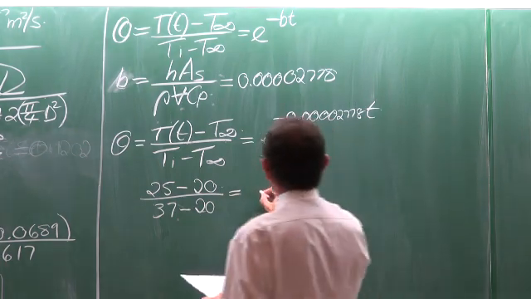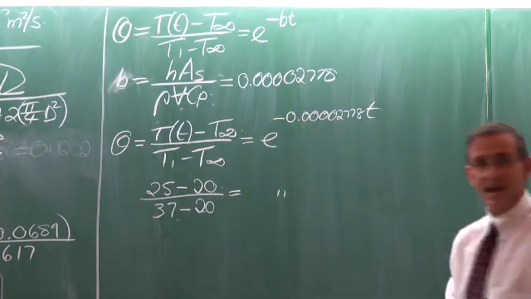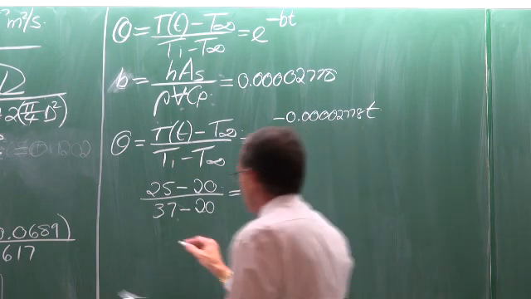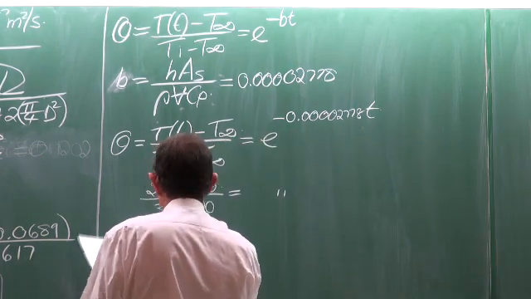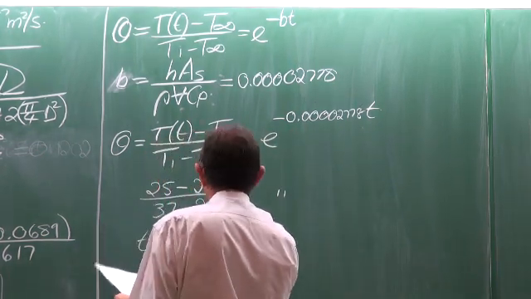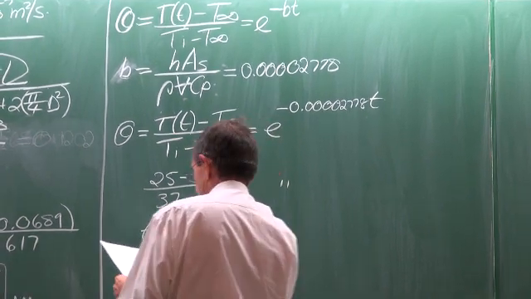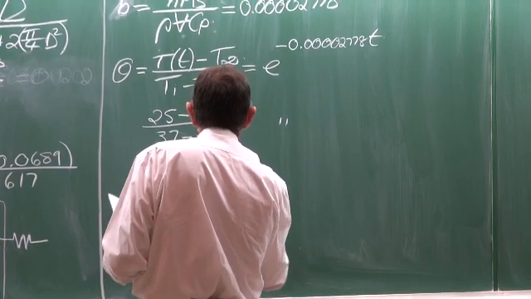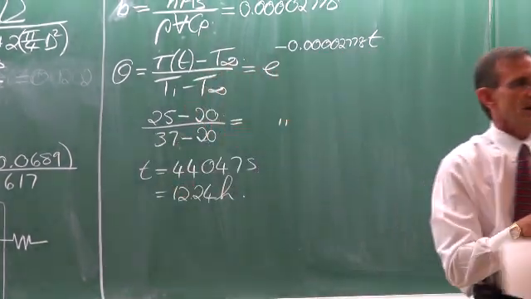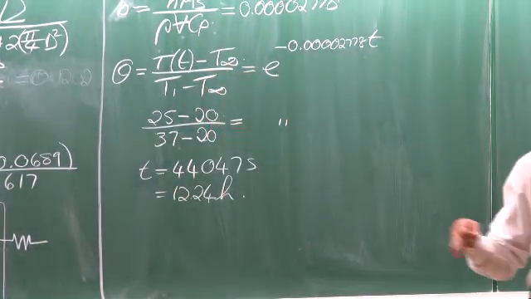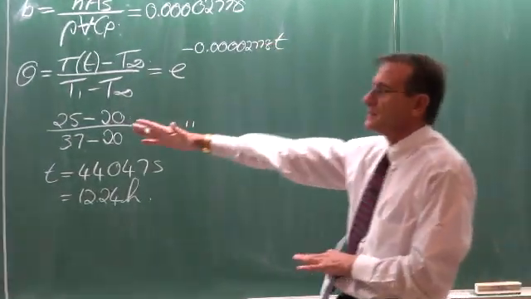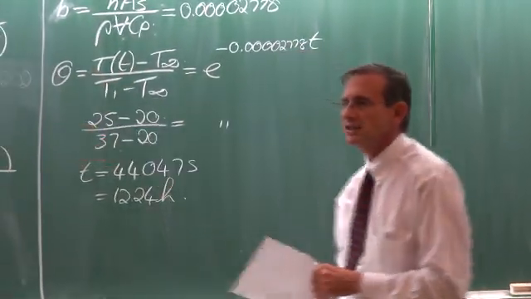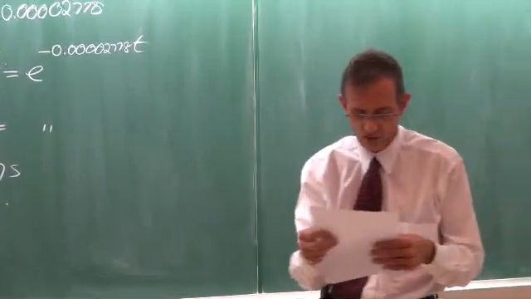And that again is then e to the minus that, and from that we can very easily solve for the time as 44,047 seconds, which is 12.24 hours. So that is how long the body would have taken to decrease in temperature from 37 degrees Celsius to 25 degrees Celsius.